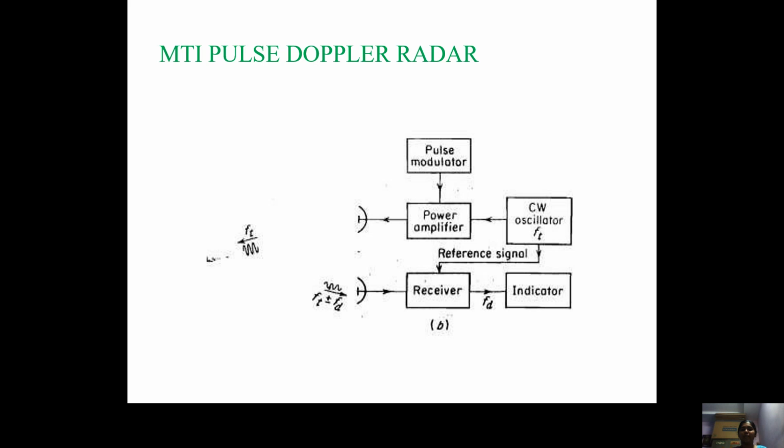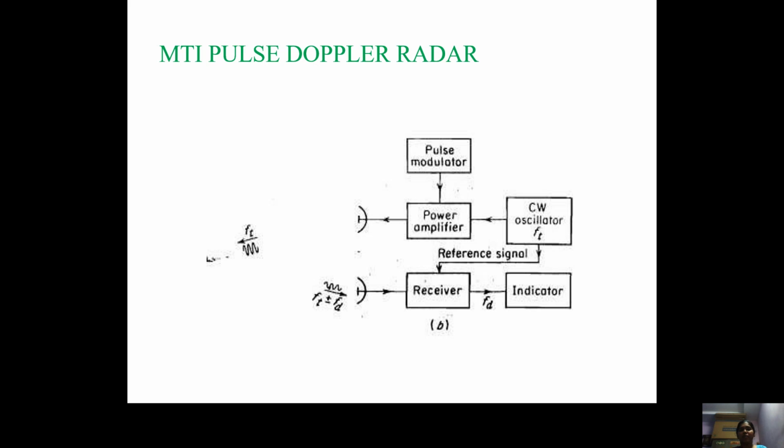It simply contains a pulse modulator, continuous wave oscillator, and power amplifier in the transmitter section, which is transmitted using one antenna, and another antenna is used for receiving the echoed signal from the moving targets, and it is fed to the receiver. Along with the transmitter section, the reference signal is obtained from the continuous wave oscillator.